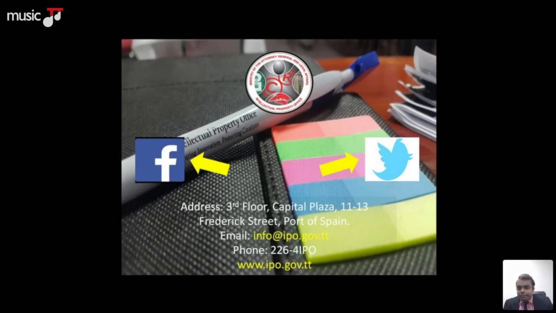So we have Kareem Brown saying, can written scores be copyrighted? Yes. No, it kind of depends on if the score is an arrangement of an existing piece of music. For example, if you created a pan arrangement for any song that happens at Panorama consistently, like they take soca songs and they create pan arrangements for it. You have to know that the song is protected by copyright upon creation.